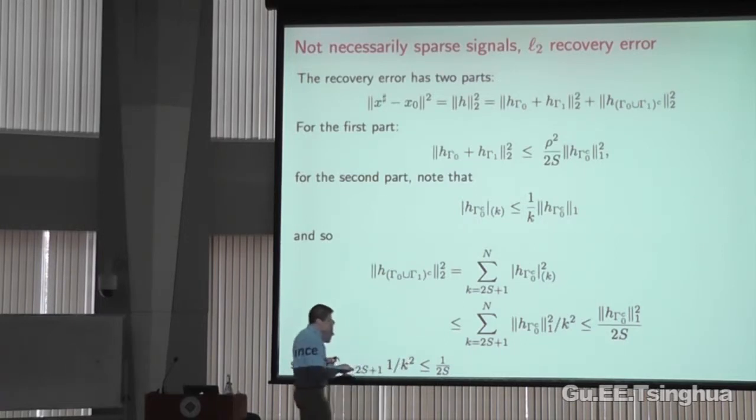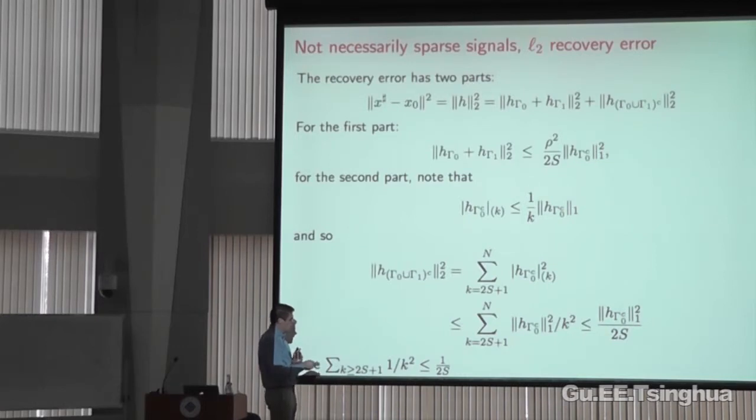So this is the sum from K equals 2S plus 1 to N. I can simply use the fact that the sum of 1 over K squared, for K greater than 2S plus 1 to infinity, is less than 1 over 2S, so I can replace this with the L1 norm of h gamma naught c squared divided by 2S. It's just a simple manipulation to make something out of the second term and relate it to the L1 norm of h off the support. So that's what I get.